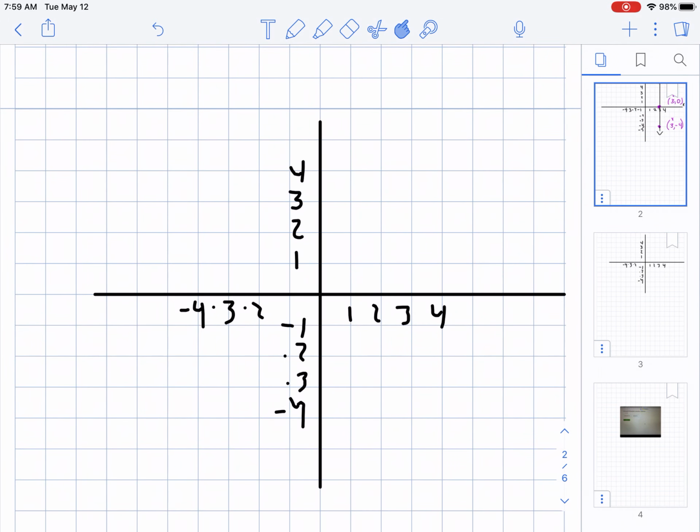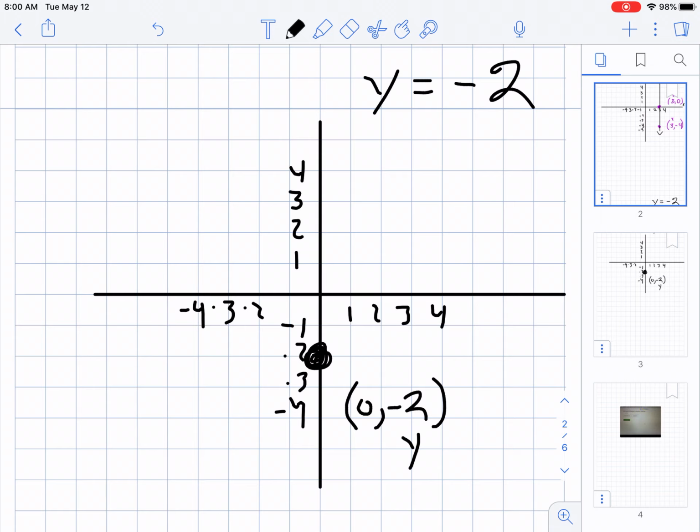Now we're going to take a look at y equal lines. And let's say y equals negative 2. If I put a dot here, that point is 0 and negative 2. You can see the y value there is negative 2. If I put a dot here, the value at that point is negative 4 and negative 2.